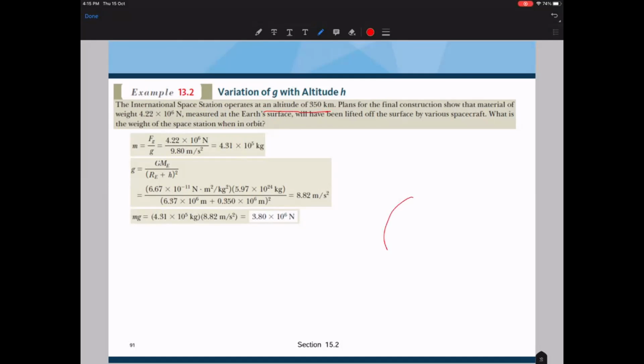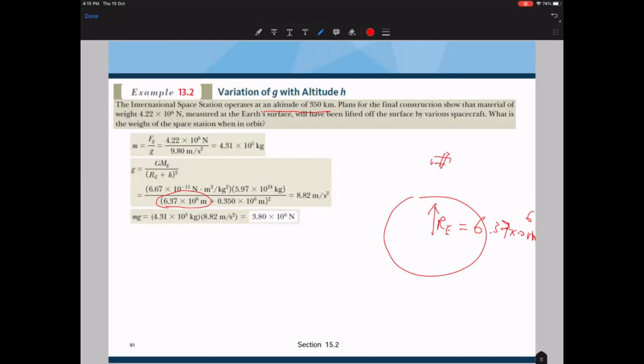That means apart from the RE, which is 6,300 kilometers, or 6.37 times 10 to the power 6 meters, you have the space station.